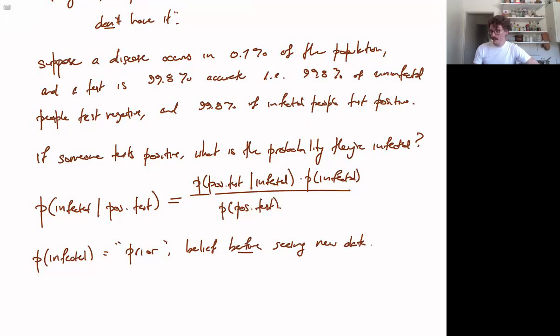So in this case, for the prior, we just know that this disease occurs in 0.1% of the population. So the probability that a randomly chosen person is infected is 0.001. I believe that's 0.1%.